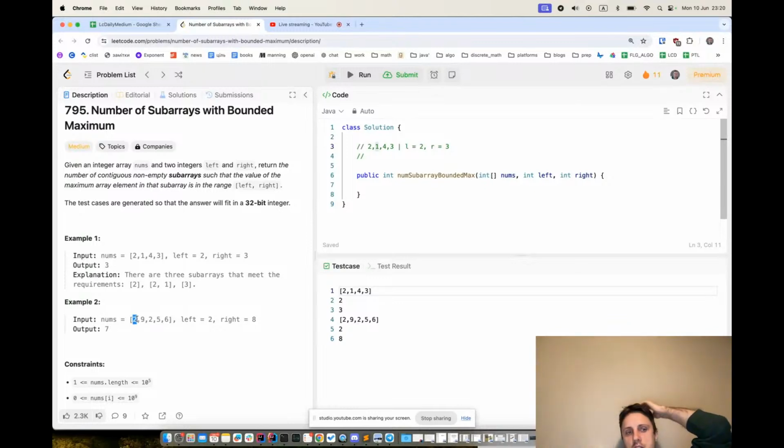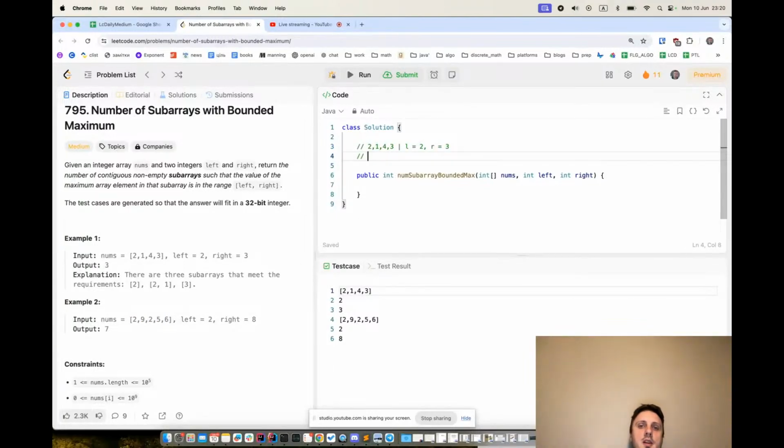So we take the first element, which should be greater or equal to left. And then we keep going until we find the right, and then we count the number of elements.